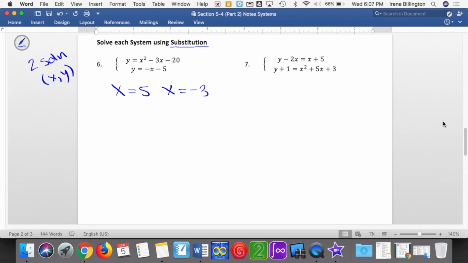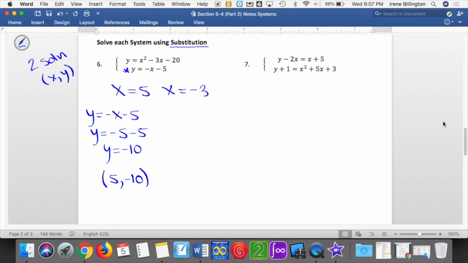I am going to pick my most simple equation, the linear equation. So y is equal to negative x minus 5, and if x is 5, that means y is equal to negative 5 minus 5. So the y value that corresponds with 5 would be negative 10. So my first solution is the ordered pair 5, negative 10.